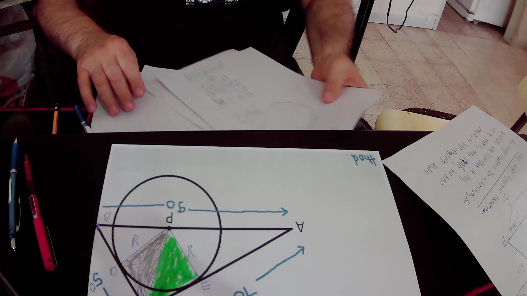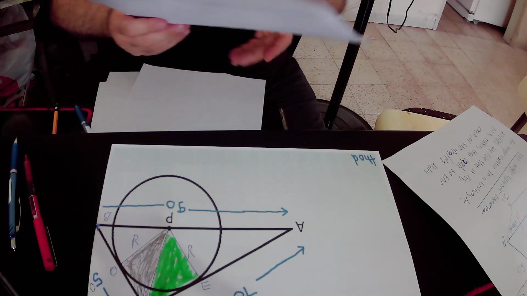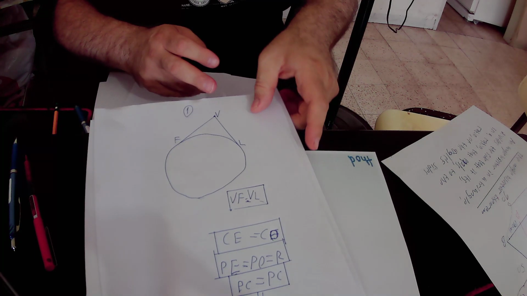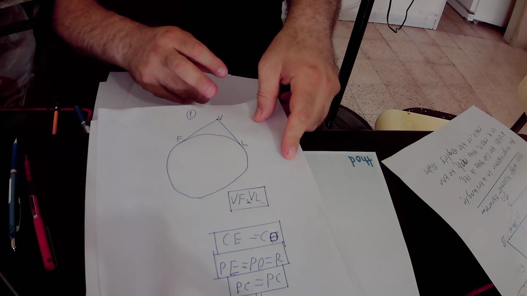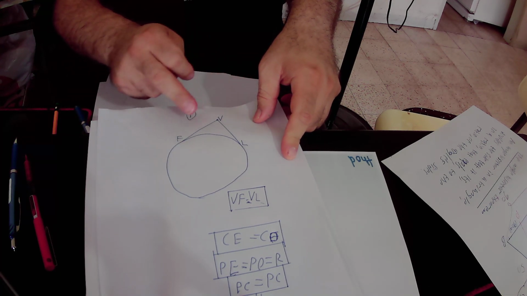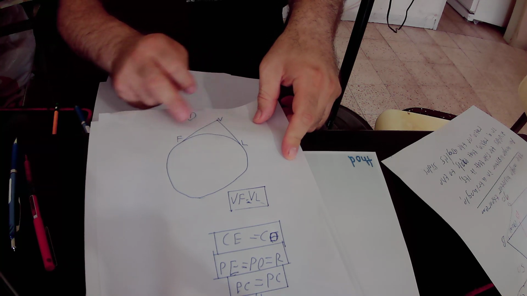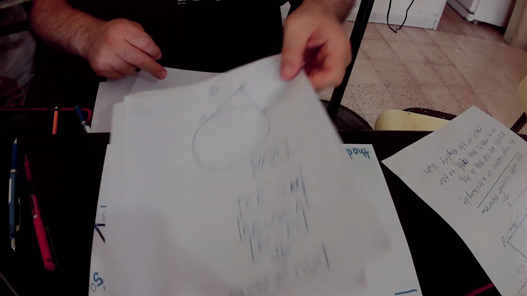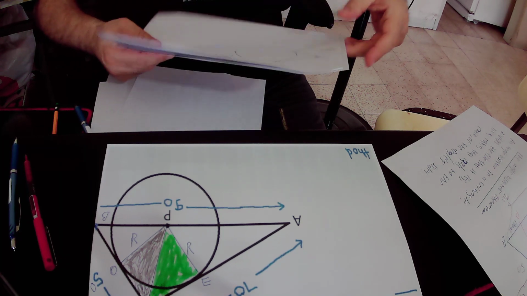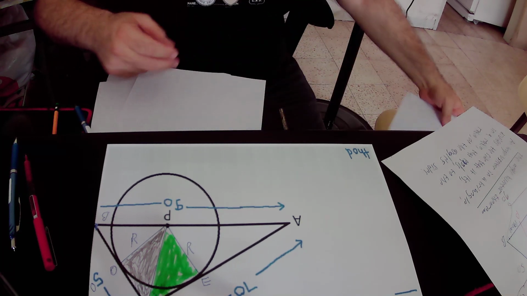We have a rule that if from an external point of the circle you draw 2 tangents to the circle, then those 2 tangents are equal to each other. So we can implement this rule in our circle.